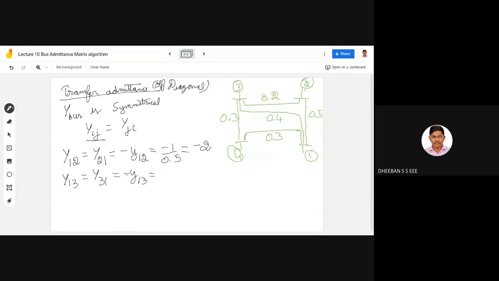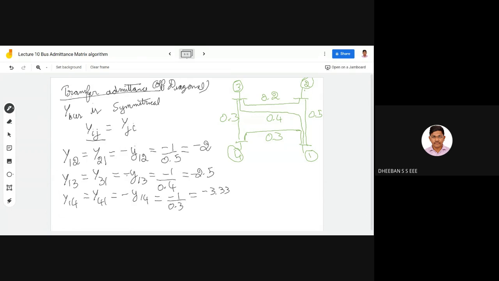So it will be minus 1 by 0.4, which is minus 2.5. Coming to y14, this is the same as y41. It is equal to minus 1 by 0.3, so this value will be around minus 3.33.